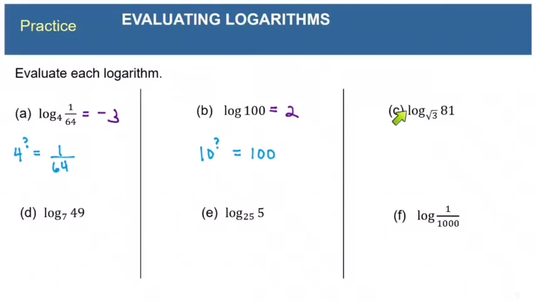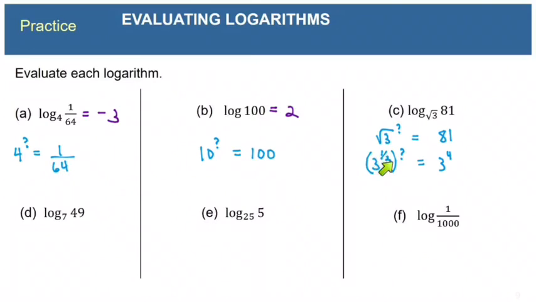Now let's look at part C. We have log base square root of 3 equals 81. So I'm going to write this in exponential form, and it will say square root of 3 to what power equals 81. Well, on this one, I found it helpful to write both sides with the same base. So I'm going to write square root of 3 as 3 to the 1/2, and I'm going to write 81 as 3 to the 4th.